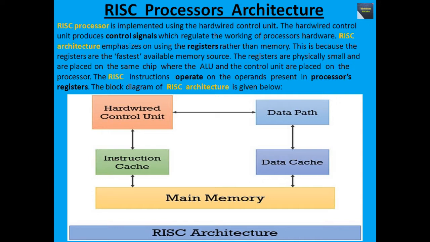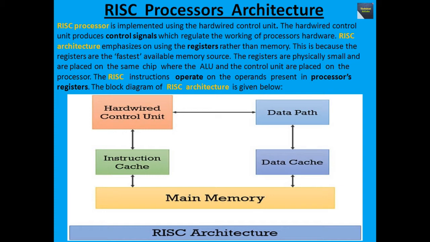RISC architecture emphasizes using registers rather than memory. This is because registers are the fastest available memory source. The registers are physically small and are placed on the same chip where the ALU and the control unit are placed on the processor.